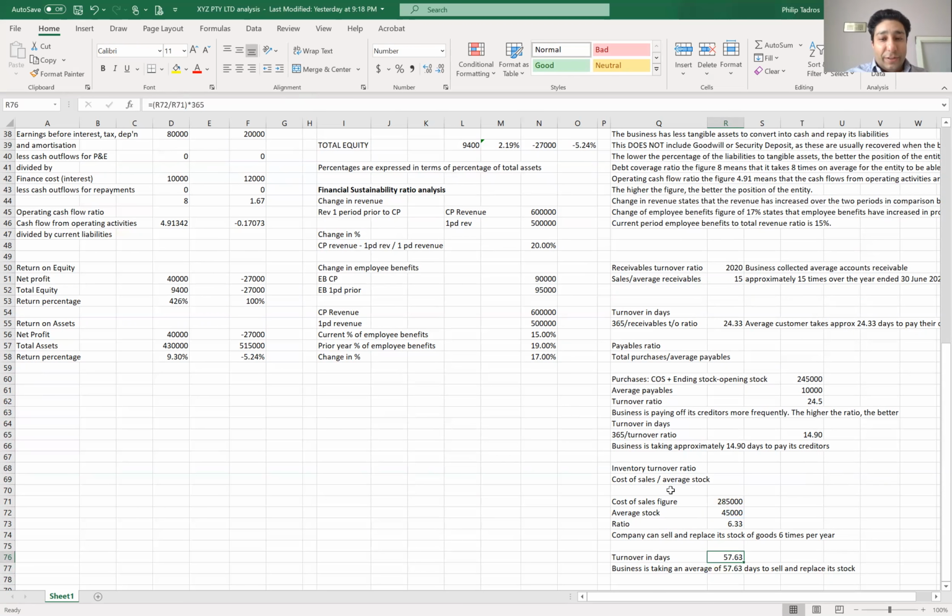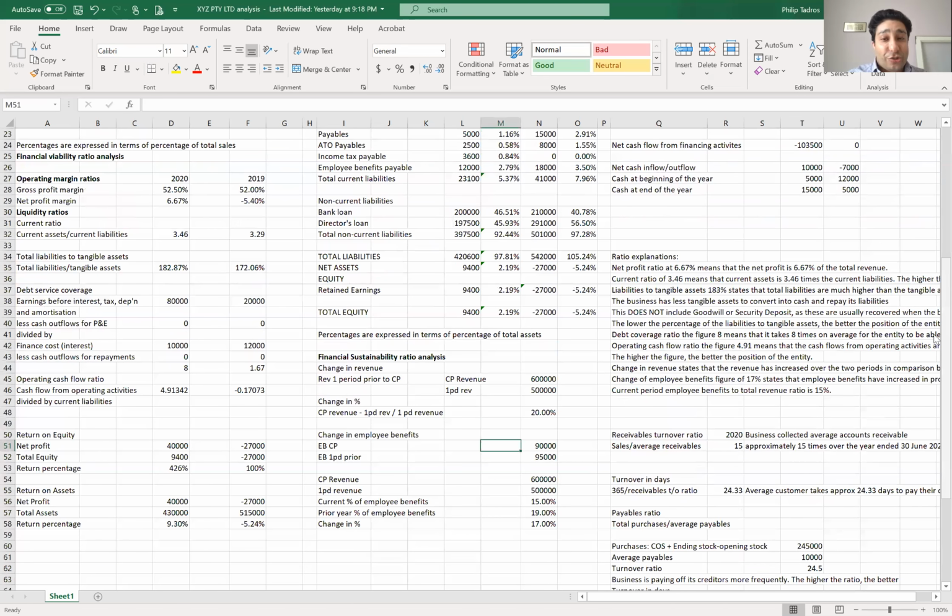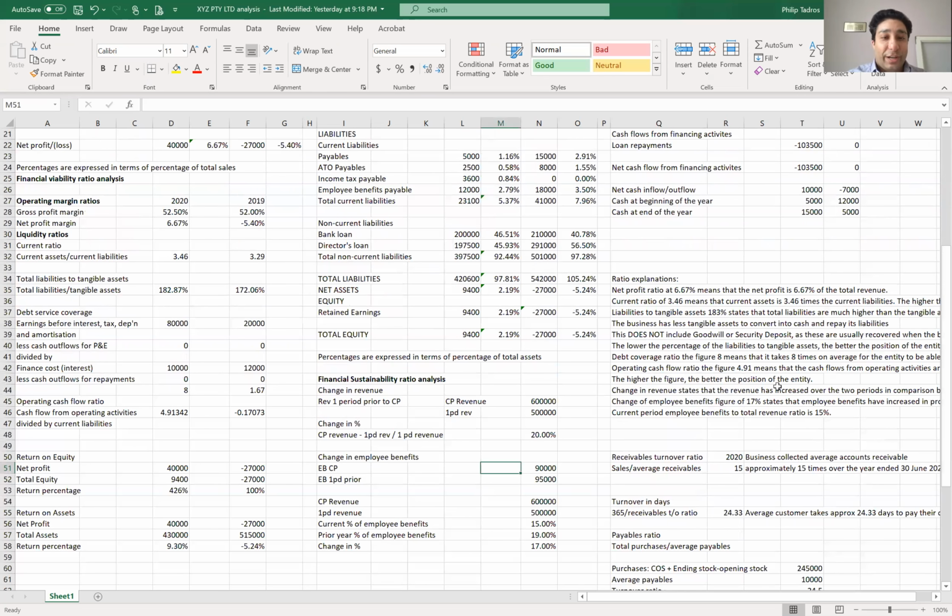So the inventory turnover in days is 57.63. So you can see that the business is taking an average of 57.63 days to sell and replace its stock. Now, you need to ask the owner of the business or the director, can the business improve on that? Well, of course, there's room for improvement on that. So the owner or director may just need to do a little bit of work on that.